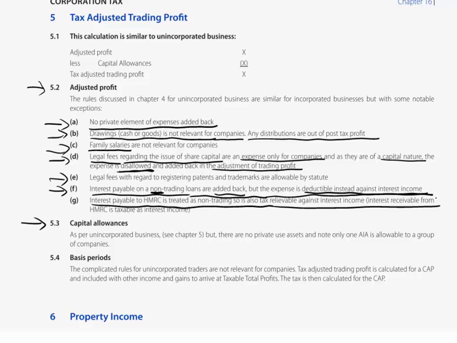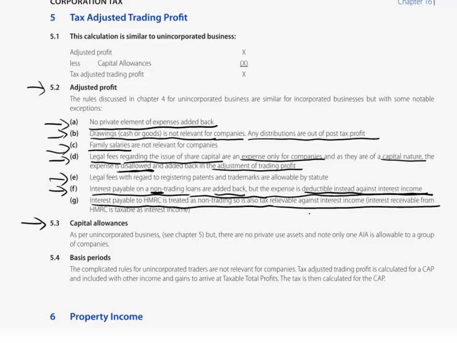So if we've got interest that is either on a non-trading loan, or we have not paid our corporation tax on time and we have to pay interest to HMRC on the late paid tax, then it is disallowed in the adjustment of trading income, but instead will be treated as a non-trading deduction here, so it will also be set against the interest income. Again, more of that when we come to the interest income section of our computation in a moment's time there.